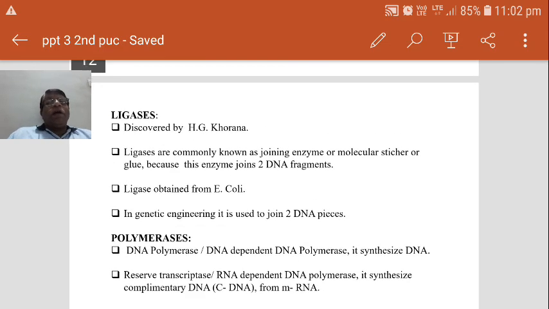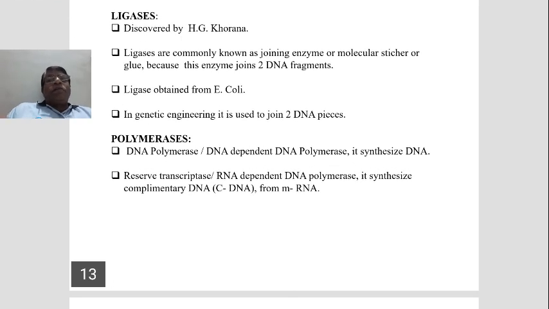Ligases. The enzyme ligases are commonly known as joining enzymes. These enzymes are also known as molecular stitcher or glue because this enzyme joins two DNA fragments or pieces. What is the function of ligase? Ligase joins two DNA molecules.